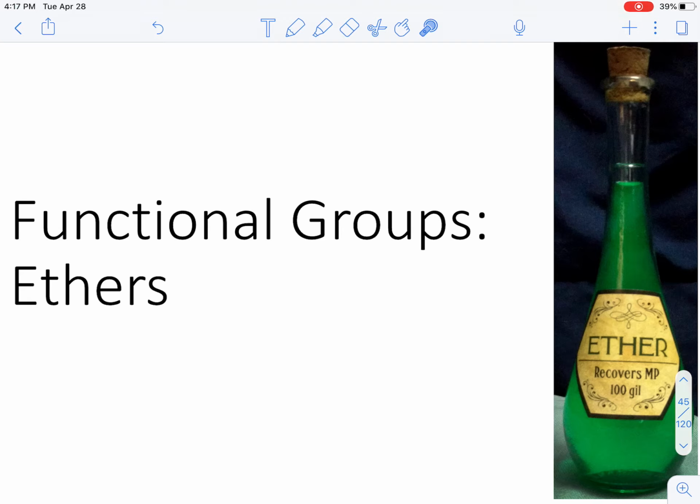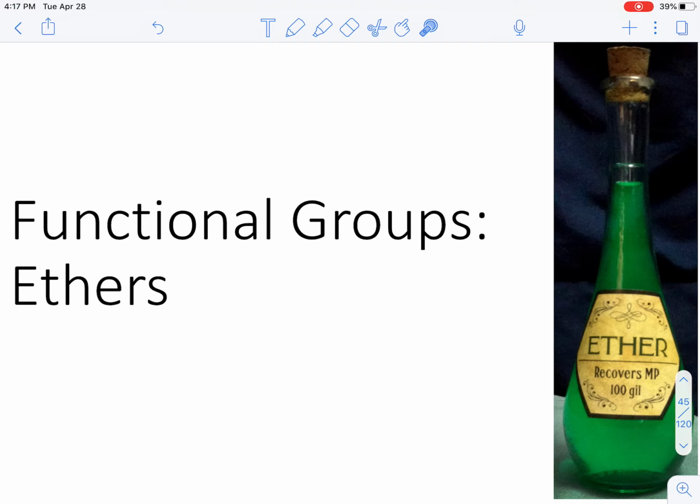An ether is a functional group that basically represents an oxygen that's covalently bonded to two other alkyl groups. The arrangement of these two alkyl groups bonded to this oxygen atom is very specific.